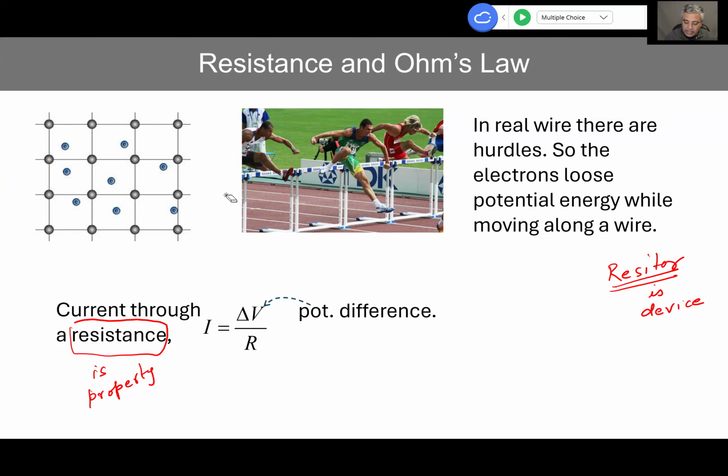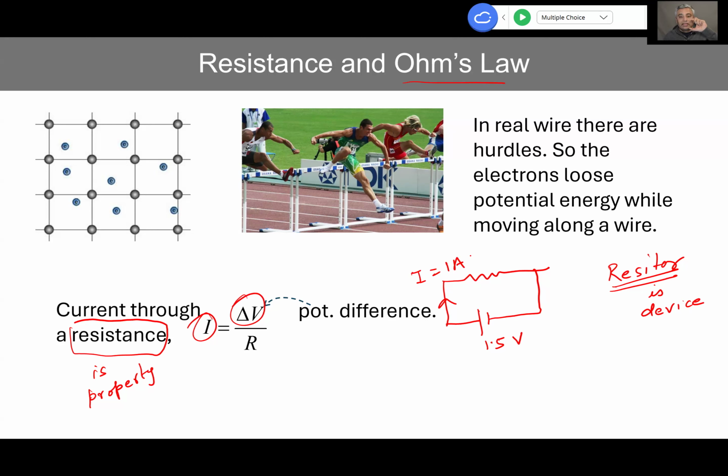By doing experiments, Ohm found out that the current and voltage are proportional. Let's say you have a wire with resistance, and you have a battery connected, right? So now let's say this is 1.5 volt, and let's say you measure a current of 1 ampere.